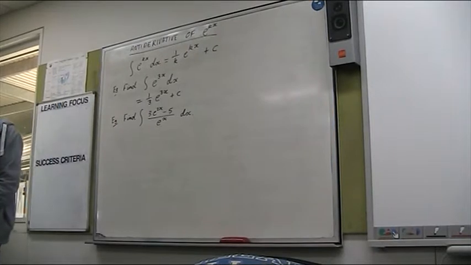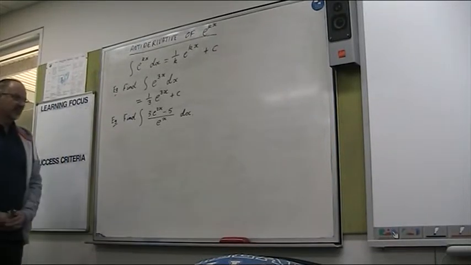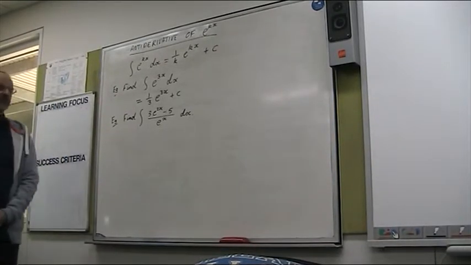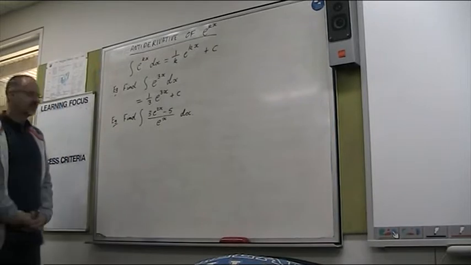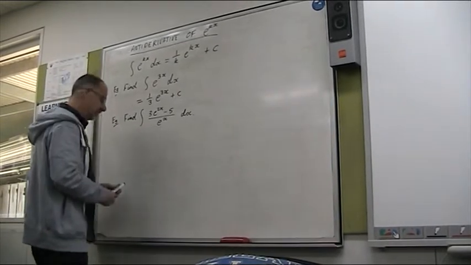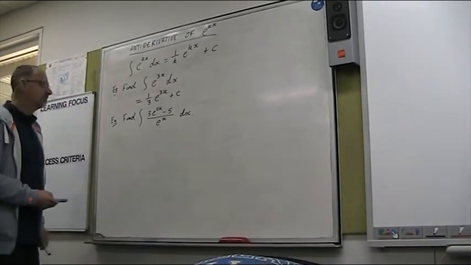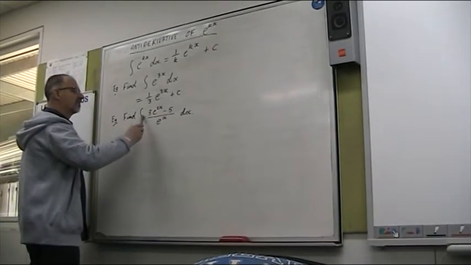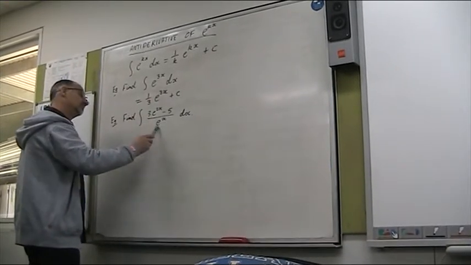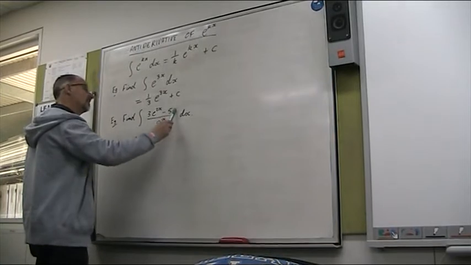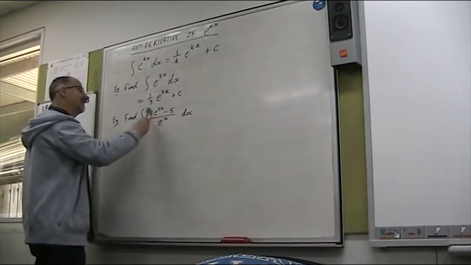Anyone got any ideas? Do you move anything to the front of the integral sign at all? No, can't move anything to the front of the integral sign. Would you do them separately first? Do them separately, that rule. This looks quite complicated, doesn't it? Put it in your calculator.